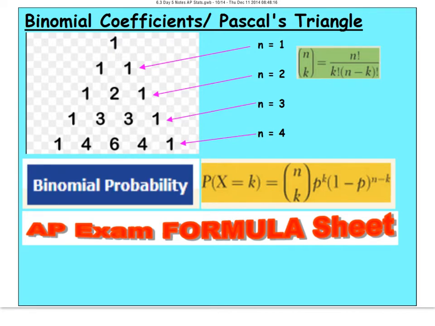Okay, here's the one formula I want to point out. This is on your formula sheet, and it's really quite handy. It is the formula to find the binomial probability given X equals a particular event. We're going to actually use this in our examples going forward.